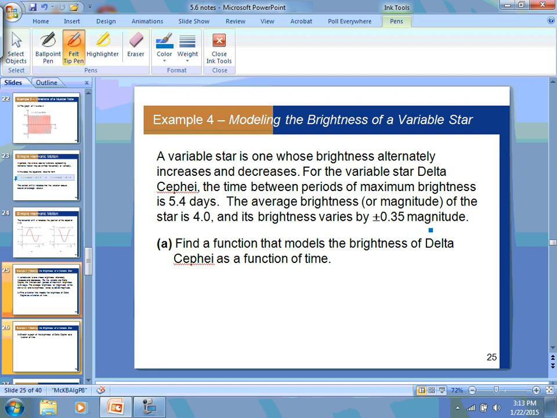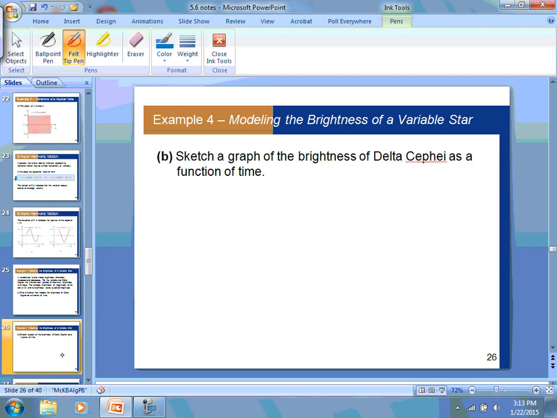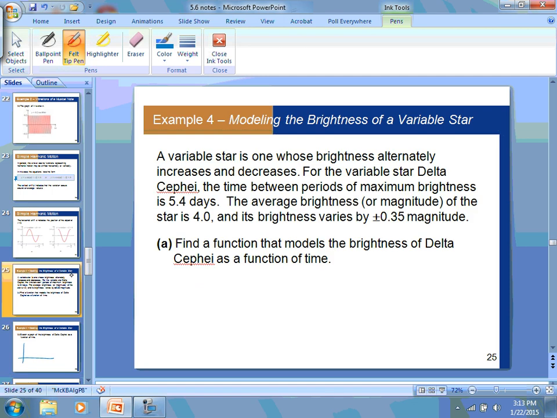So for part A, it wants us to write an equation, but I'm actually going to draw a little graph. And the graph is actually what they want you to do for part B. Sketch the graph. Okay, so I'm going to start with part B here. And let me just make a rough sketch. And then I'm going to go back to the problem for just a moment. Okay, now it says that the average brightness of the star is 4.